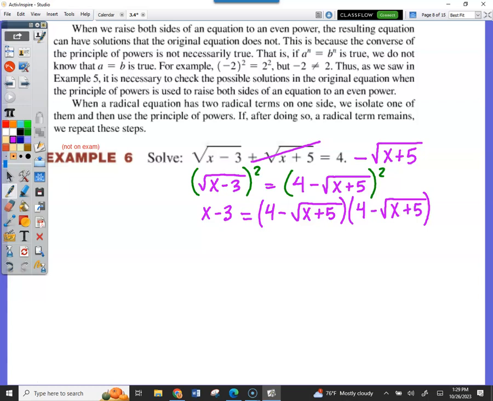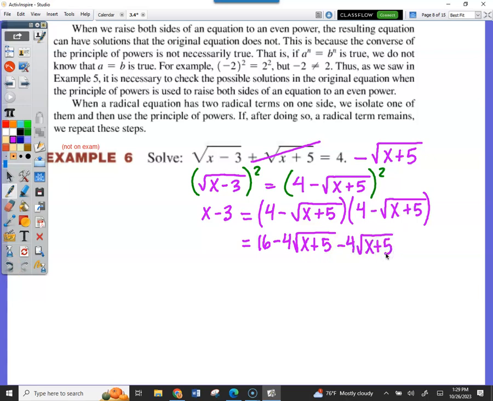We're going to use first, outer, inner, last. First. Outer: 4 times negative square root of x plus 5 is negative 4 square root of x plus 5. Then inner: 4 times negative, which would be minus the square root of x plus 5.